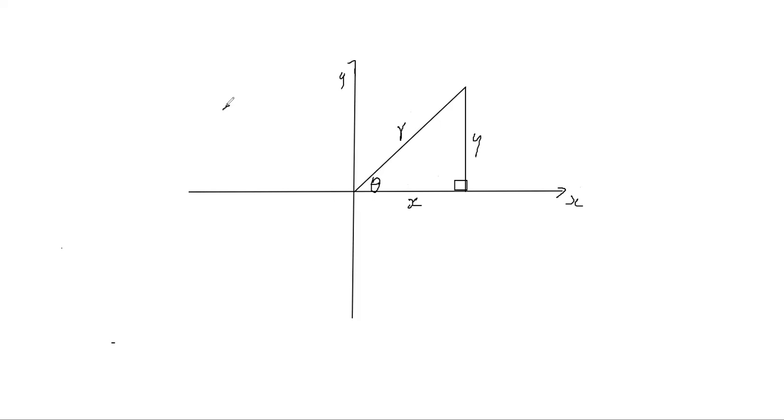So by definition, the ratio sine of theta is opposite, which is y, over hypotenuse, which is r. And the ratio cos of theta is adjacent, which is x, over r. The ratio tan of theta is opposite, y, over adjacent.